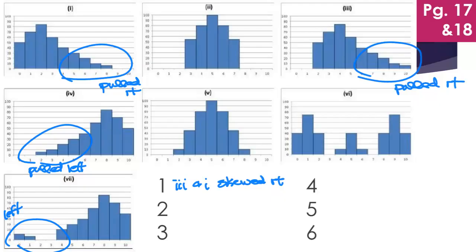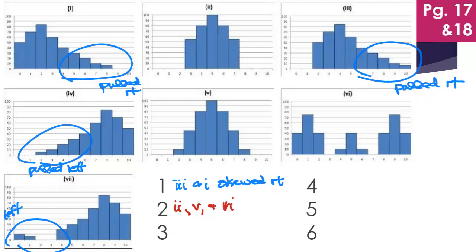Number 2, which histograms have a mean which is equal to its median? Boy, I started that one off a little early. 2, 5, and, yes, 2, 5, and 6. Notice these are written in Roman numerals: 2, 5, and 6, which is VI.